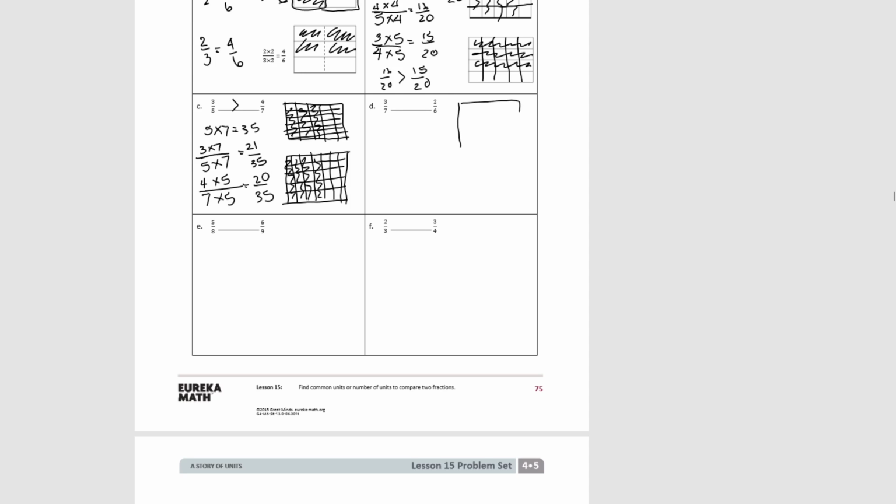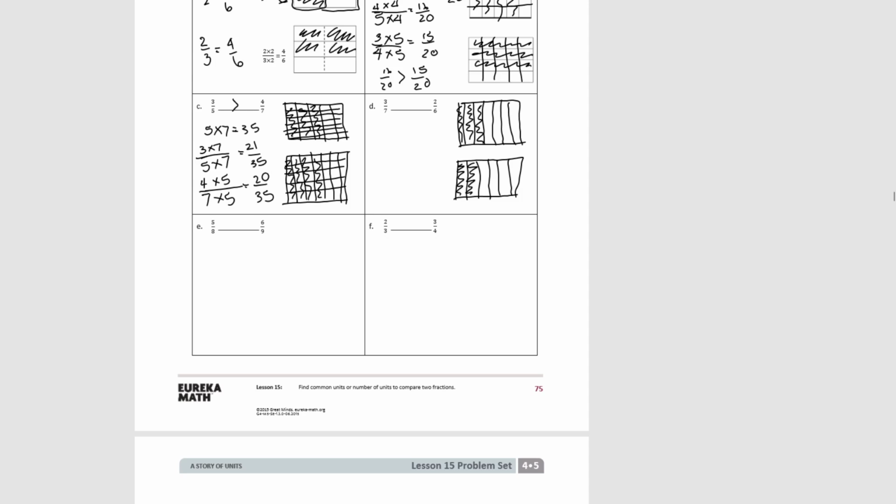Okay, once again, let's start with our area model for our original fraction. We have 7ths. 3/7 are selected as shown by our numerator. Second fraction is 2/6. So we'll shade our 2.